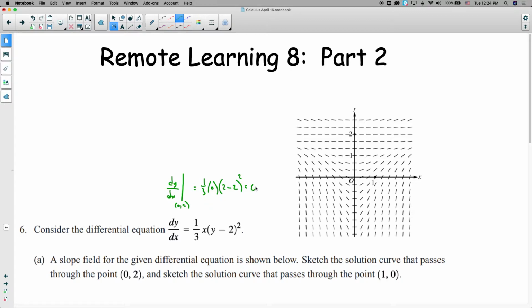And when I compute, I get 0. So when I'm up at this point, the slope is 0. And you can see that they've already marked that with their little, it looks to be a minus sign.